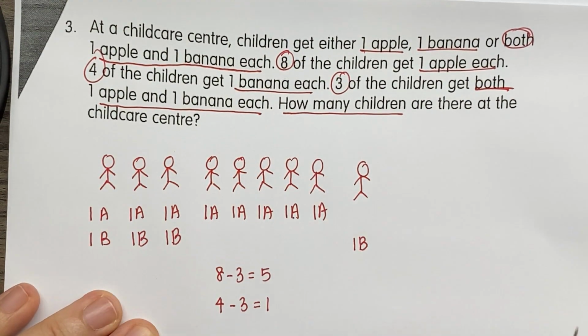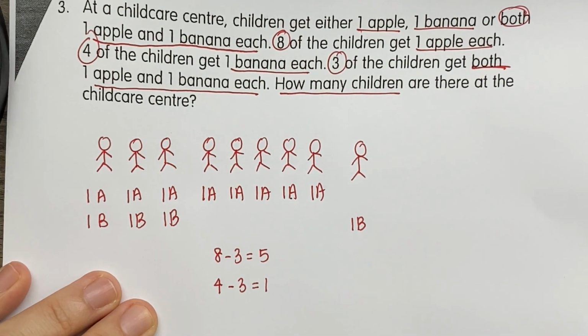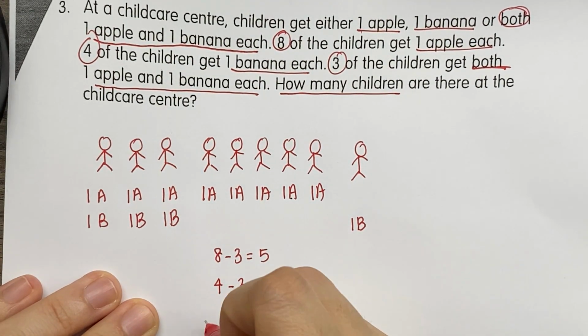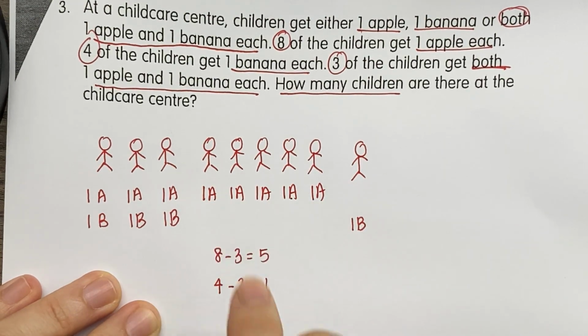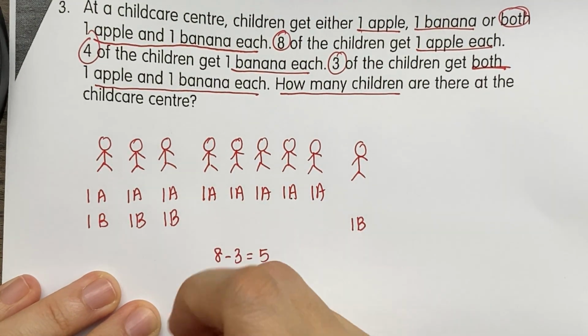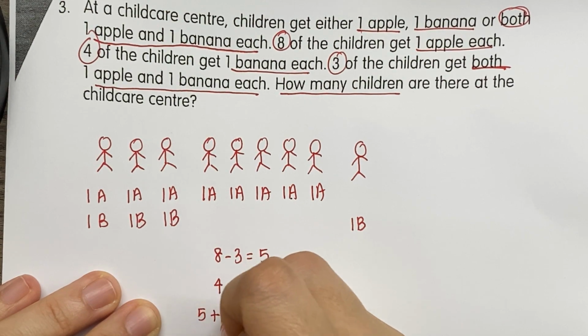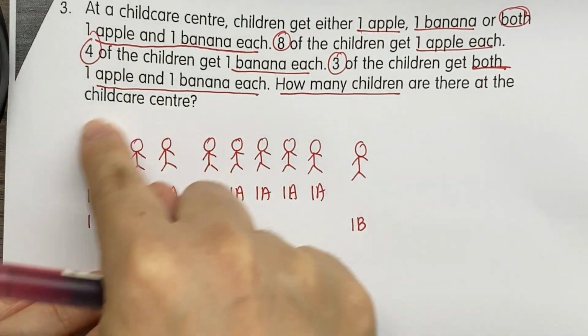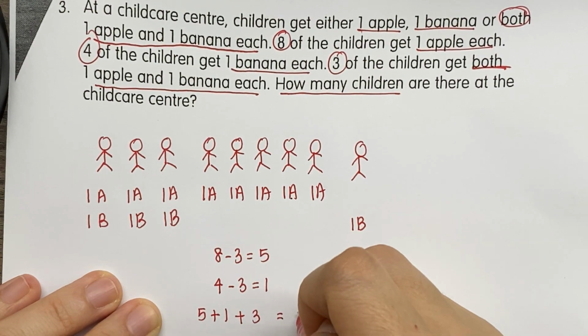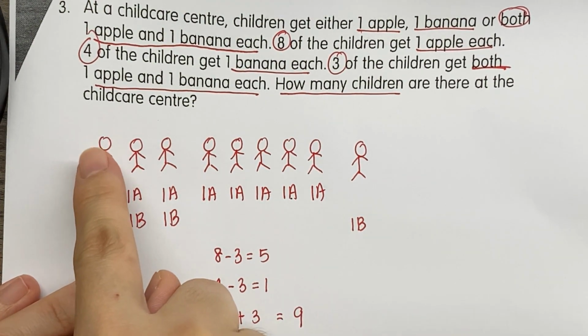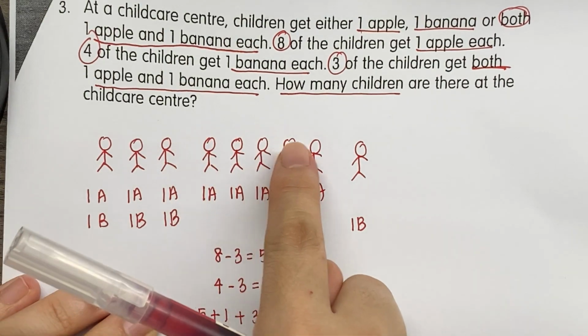I can do a count for my diagram, or I can actually add the numbers together. 5 represents the 5 here, the 1 represents the 1 here. So I would have 5 plus 1, and let's not forget the children who actually got both fruits. So there will be a total of 9. I do a count. 1, 2, 3, 4, 5, 6, 7, 8, 9.